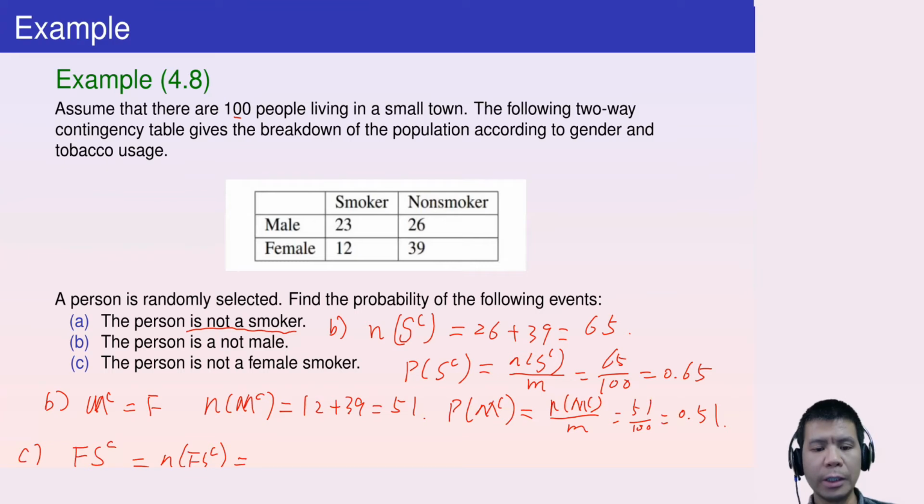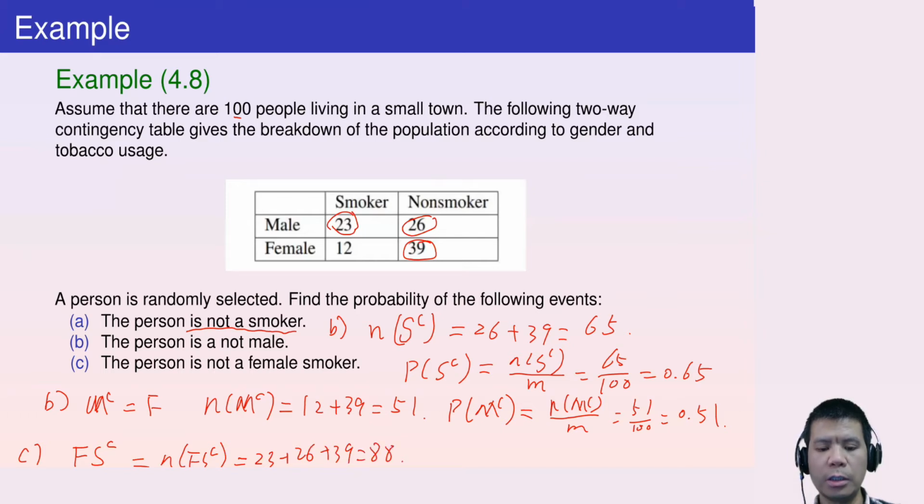There are 12 female smokers, and I believe everyone else is not a female smoker. So here's male smoker, male non-smoker, and female non-smoker. So that is all the other not female smokers. So we see that it's 23 plus 26 plus 39.